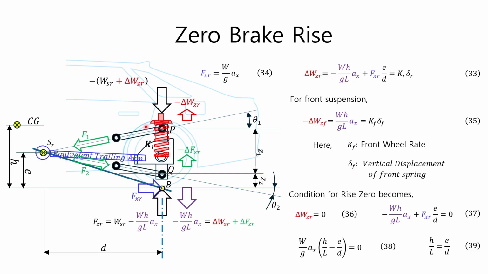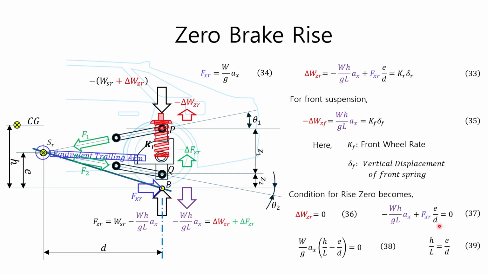First, let's examine the conditions under which the rise becomes 0 in a rear wheel braking vehicle. From equation 33, we can obtain the geometric conditions of the suspension where the rise becomes 0. For the rise to be 0, the force acting on the front spring must be 0, so equation 36 must be satisfied. Therefore, from equation 33, we can obtain equation 37.